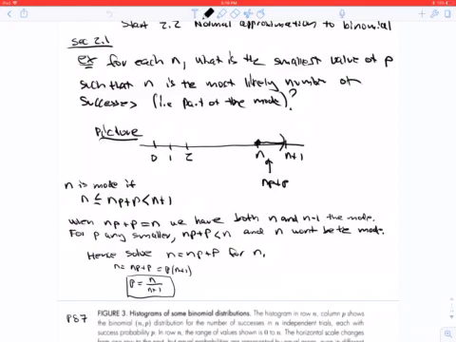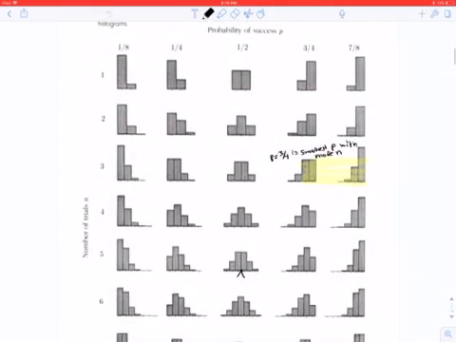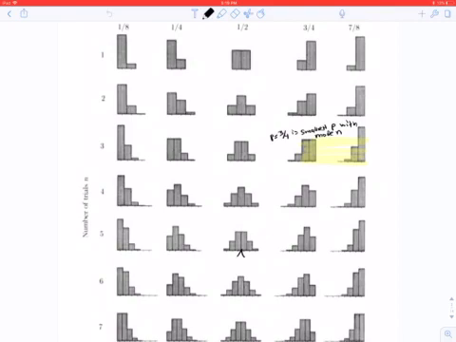So here's an example. For each n, what's the smallest value of p such that n is the most likely number of successes? So let's take a look at that in an example. Say that n is 3. What's the smallest p such that 3 is the mode?